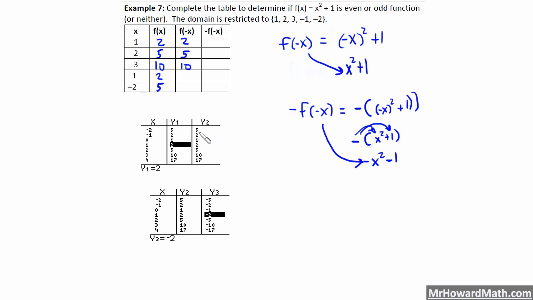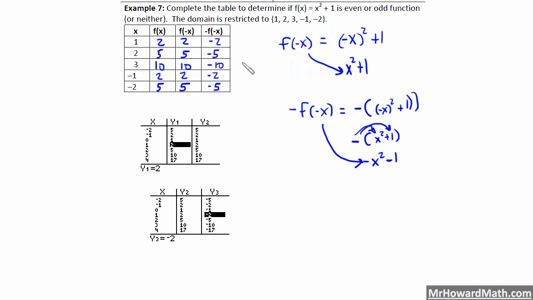X is negative 1, it's equal to 2. X is negative 2, it's equal to 5. Okay, this is our y3 down here. So when x is equal to 1, it's negative 2. When x is 2, it's equal to negative 5. When x is 3, it's equal to negative 10. When x is negative 1, it's equal to negative 2. And when x is negative 2, it's equal to negative 5.